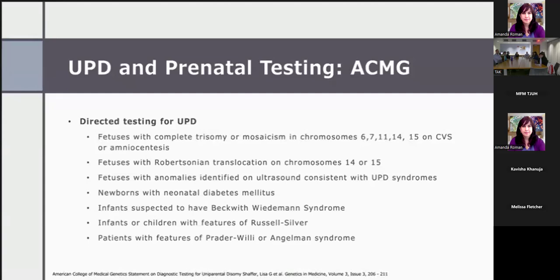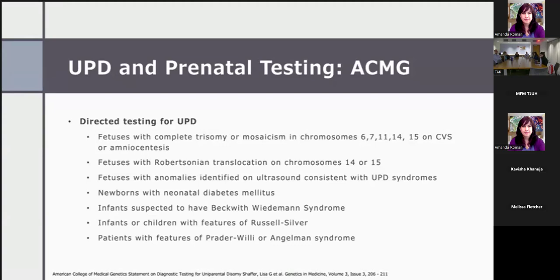So to start, which patients should be tested for uniparental disomy? Should it actually be considered? Per the American College of Medical Genetics, the following patients should be considered for testing: fetuses with complete trisomy or mosaicism in chromosomes 6, 7, 11, 14, and 15 on CVS or amniocentesis.